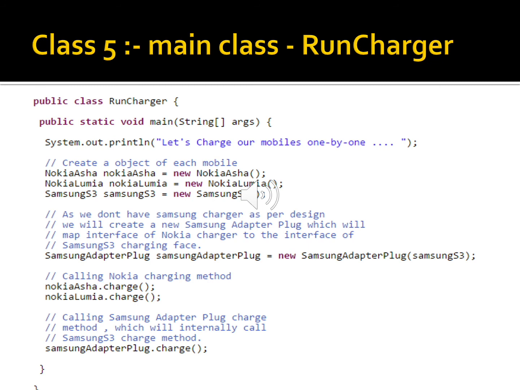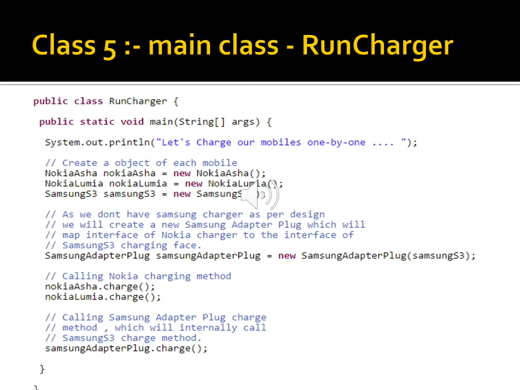In the next lines, you see that Nokia Asha is calling the charge method, and Nokia Lumia is calling the charge method. You cannot directly call the Samsung S3 charge method. So to resolve this issue, you call the adapter instance, and by referring to the adapter class, you are able to call the same charge method of the chargeable class.